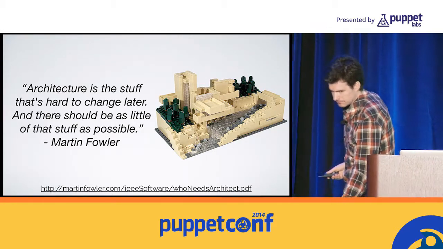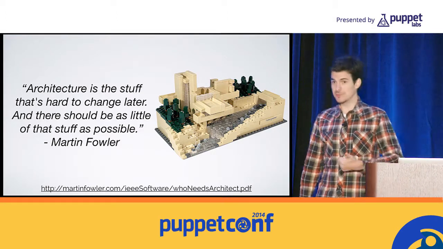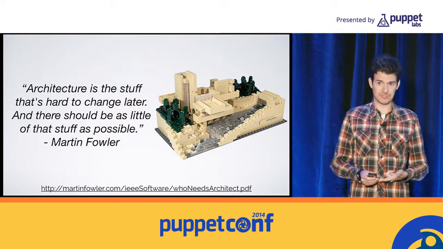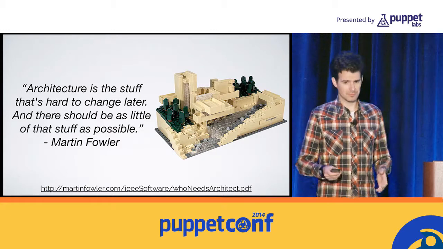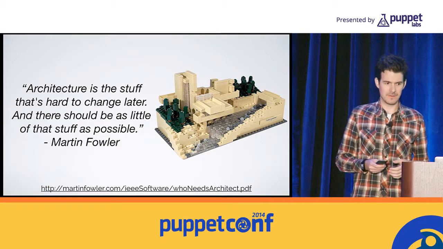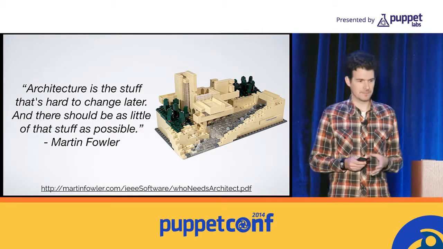So architecture is the things that you're not going to change. You're going to keep using Puppet, right, because it's awesome. You're going to keep using Linux for your Puppet master. It's going to stay in PuppetDB. We're not going to replace our x86 servers with Spark servers. These are the things that are architecture, but we should try to have as little of those things as possible.